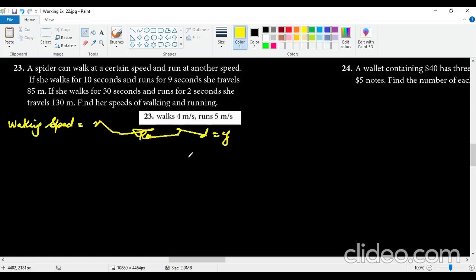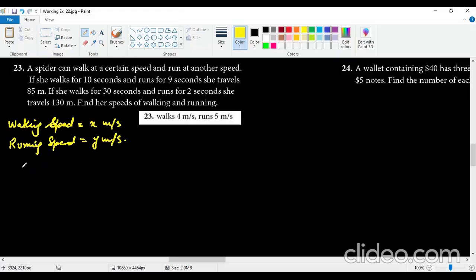Now going for the first condition, walking speed I assume as x meters per second, and running speed as y meters per second. According to the first condition, 10x plus 9y equals 85. And according to the second condition, 30x plus 2y equals 130. So these are the two conditions we are going to deal with.